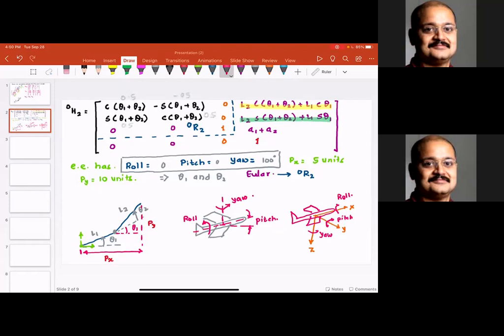Everyone understood this? Now, if all of these are known, how do I find the individual values of theta 1 and theta 2? What mathematical jugglery can you perform?